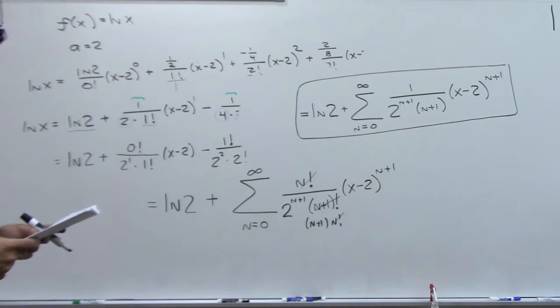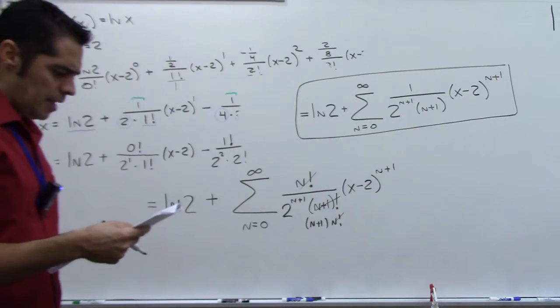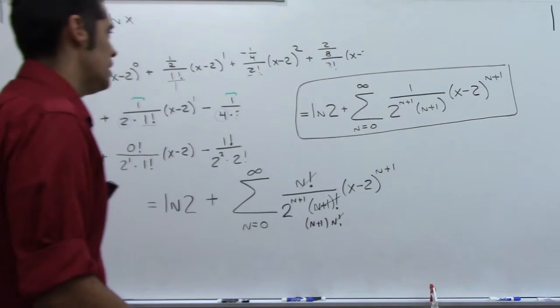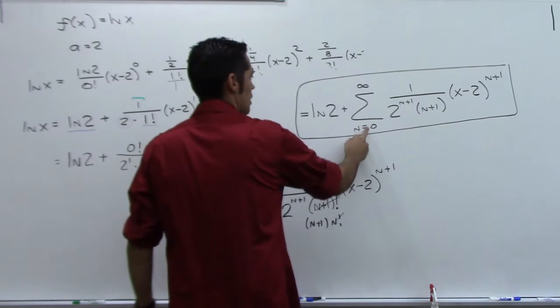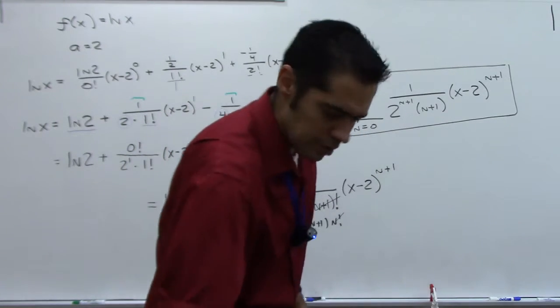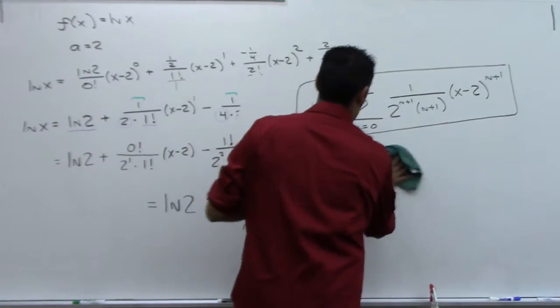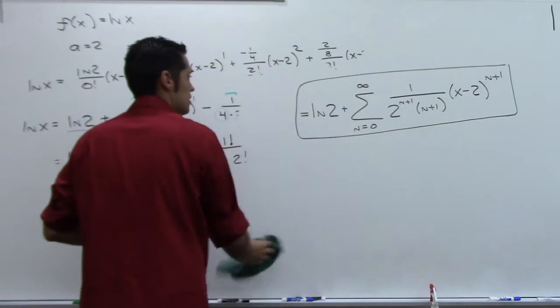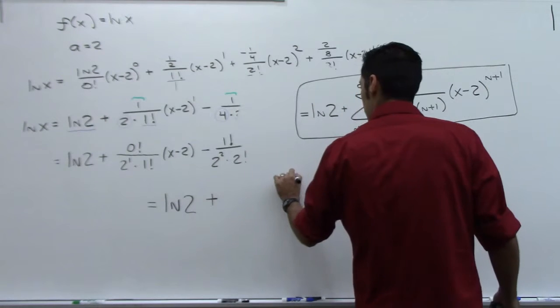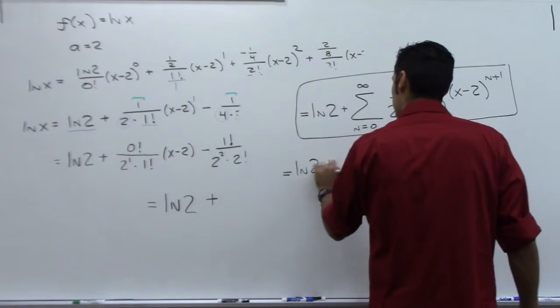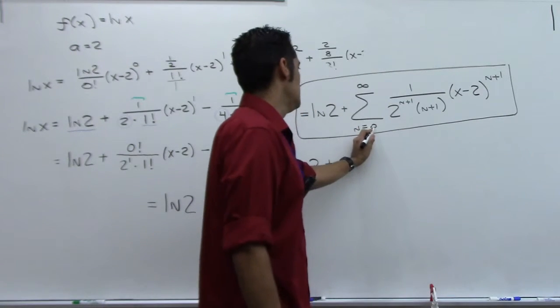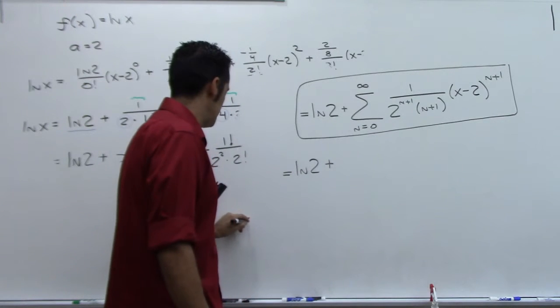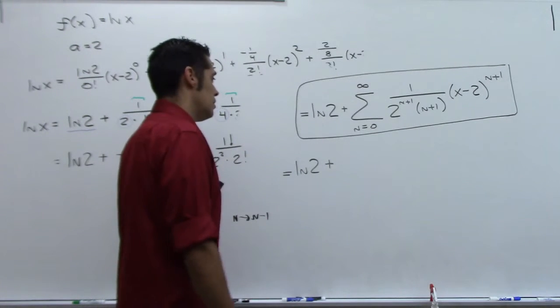Check it real quick. Yeah, that's fine. The book answer, they switched the index here to 1. So I'll do that just to show you. This is correct. It's not wrong. It's just they want to have a different index. So what I'm going to do is change this index to a 1. So I have to replace all my n's with n minus 1 in order to do that.